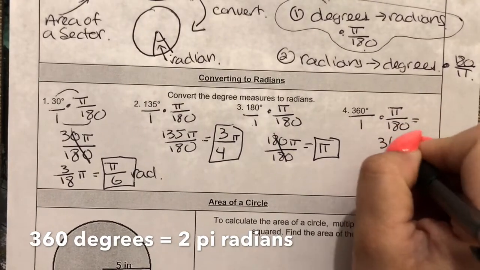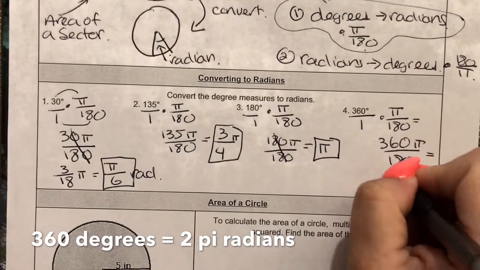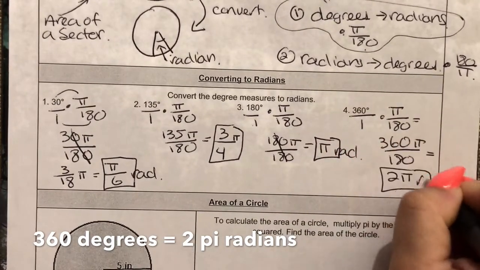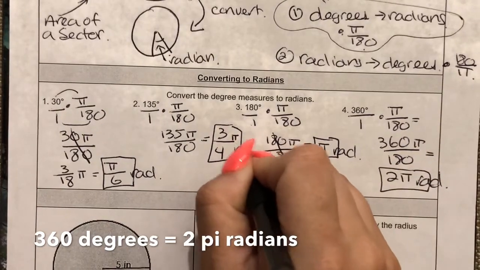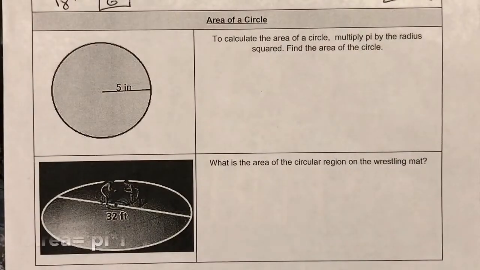I end up with 360 pi over 180, which gives me a whole number of 2 pi. And these are all radians. That previous part was just about converting back and forth between degrees and radians, which sometimes you'll need to do depending on what you're trying to do.